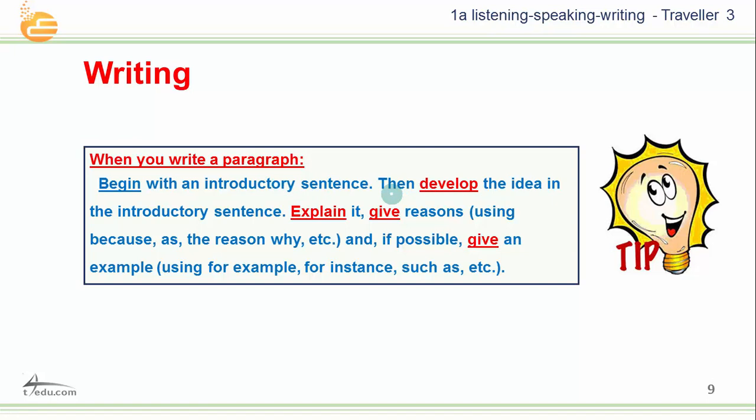Then develop, progress, the idea in the introductory sentence. Then explain it, give reasons, always give reasons and say why using because, 1, 2, 3, as, or the reason why is, etc. And if possible, give an example using for example, for instance, such as, like, and so on.